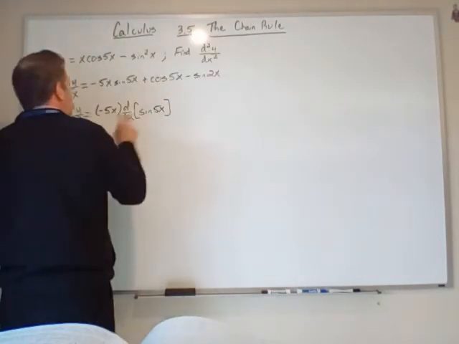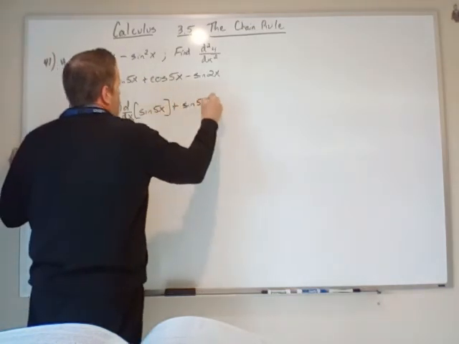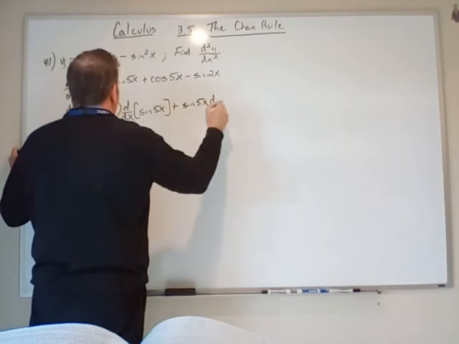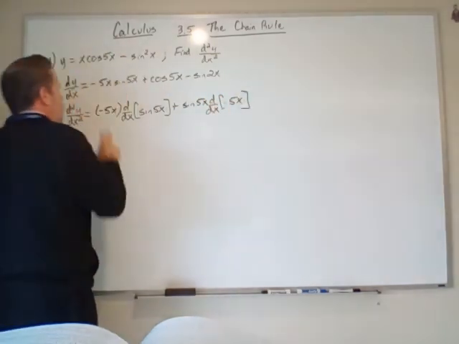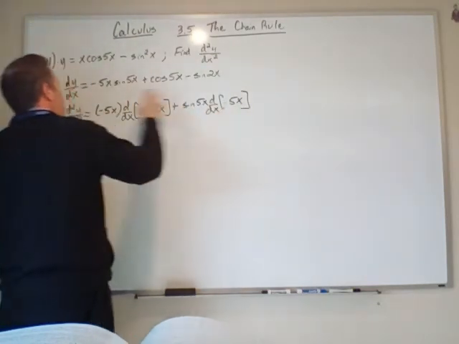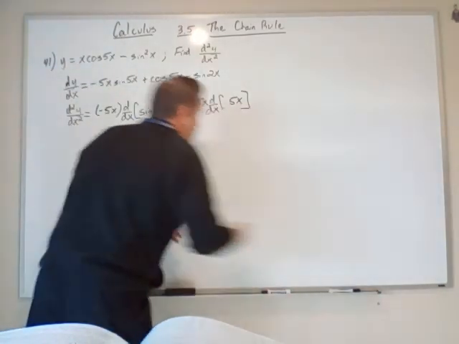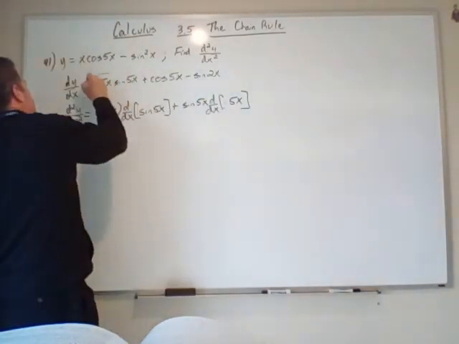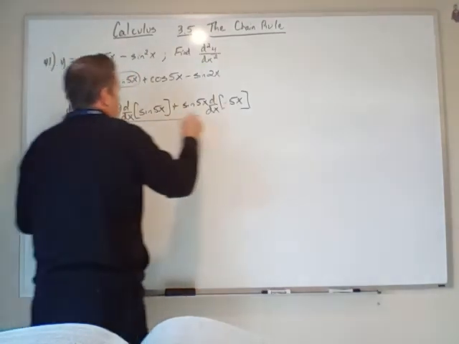So I've got 1d2 plus 2d1, so that's sine 5x times d1, the derivative of negative 5x. That's the derivative of just this product. That's everything here.